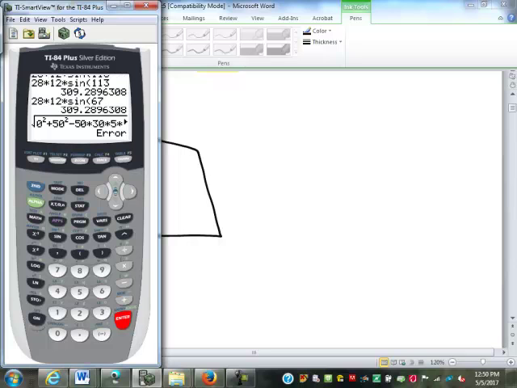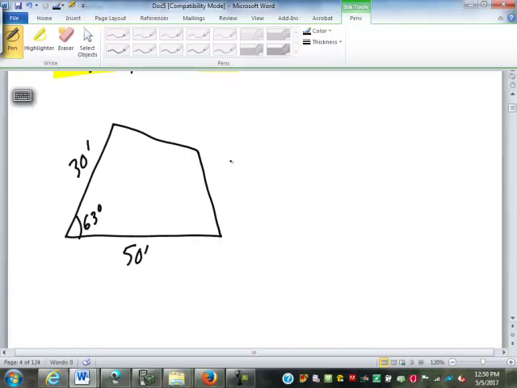Oh, I see. Oh, well. We're just going to wing it. If I tell you that this side up here is 27 feet, and this side over here, let's say this one is 48 feet. Find the area.